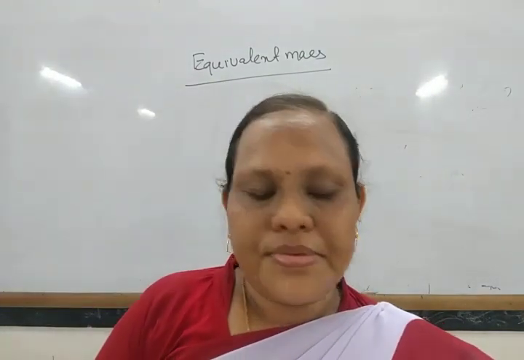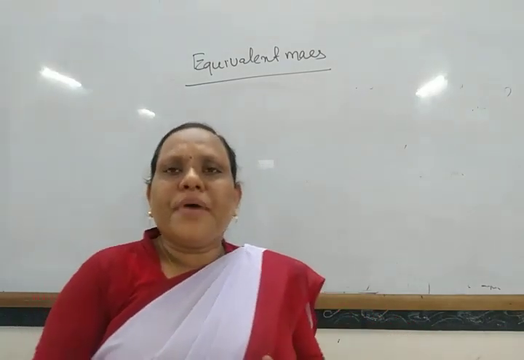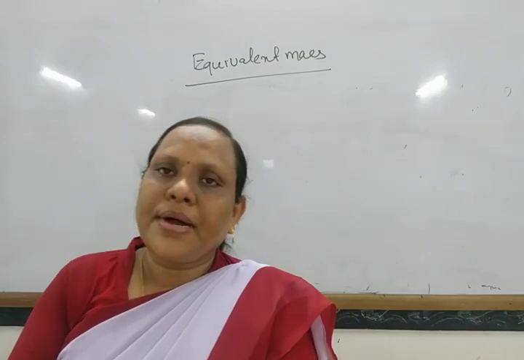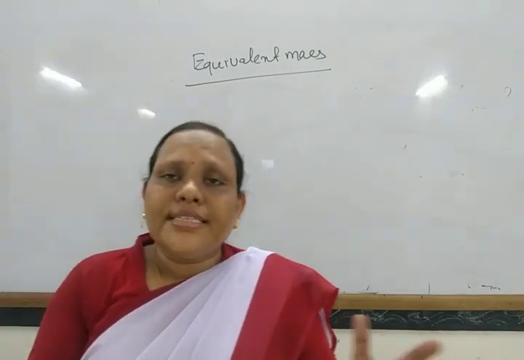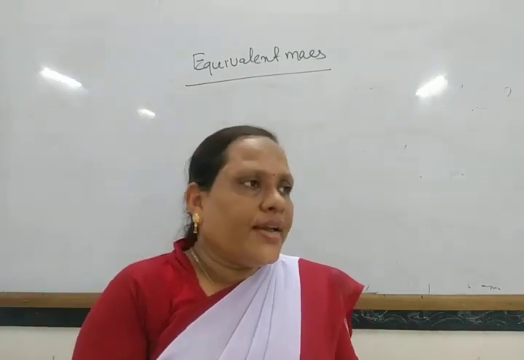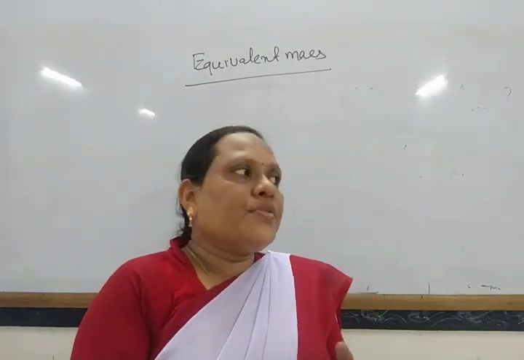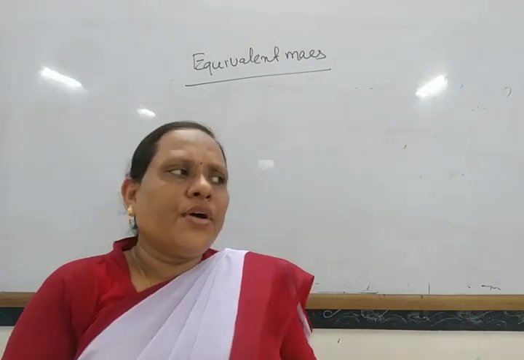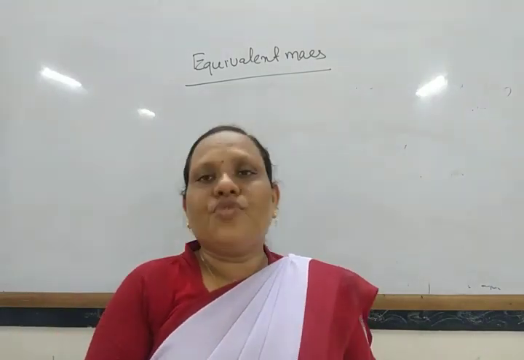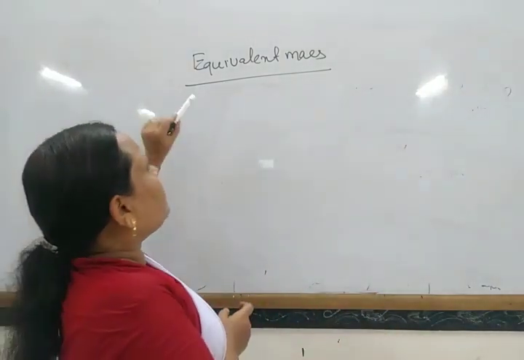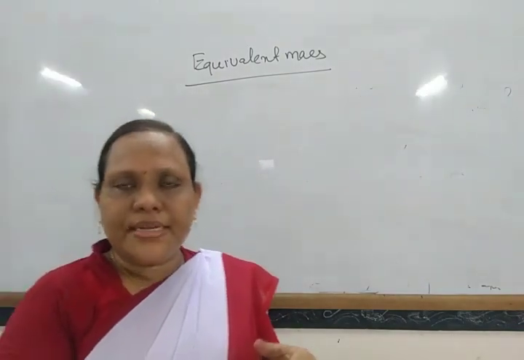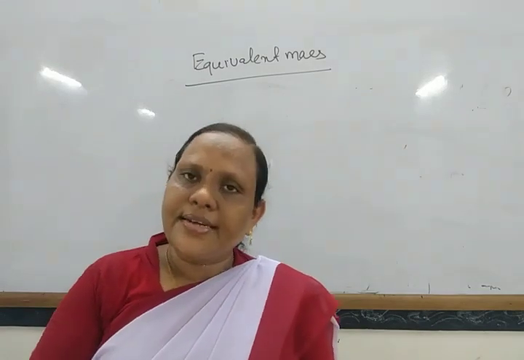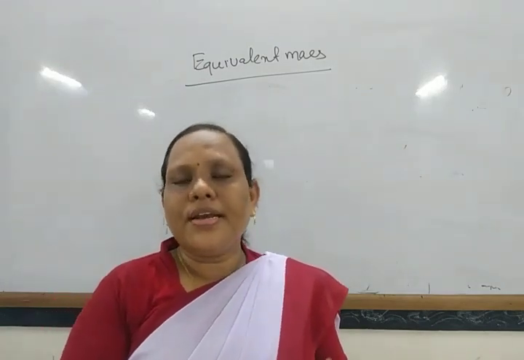Equivalent mass means how many parts of any substance is comparable with how many parts of another substance. Equivalent according to mass, or equivalent according to price, or anything else. Suppose any chemical reaction takes place, they always react according to their equivalent masses.